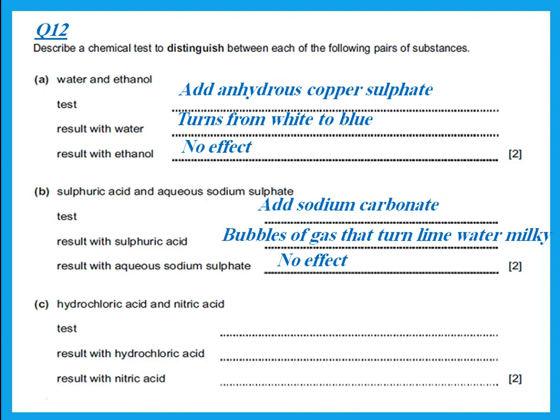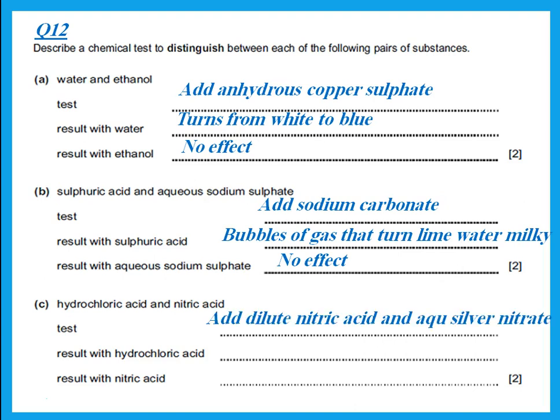Here we're talking about distinguishing between hydrochloric acid and nitric acid. So now I cannot add carbonate, because carbonate with both of them will give bubbles of gas that turn lime water milky. So the difference between hydrochloric acid and nitric acid is that one of them has chloride and the other has nitrate. So either I do the test for chloride, so it will work with the hydrochloric and not the other one, or I do the test for nitrate, then it will work with the nitric and not with hydrochloric.